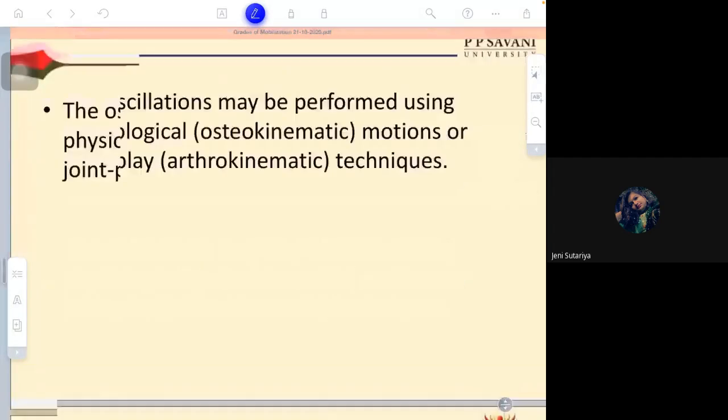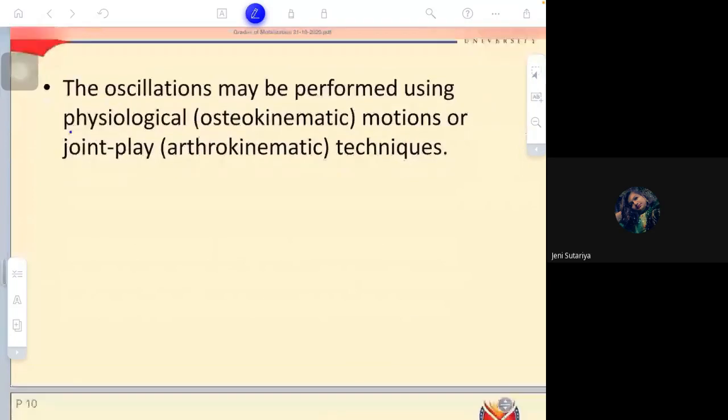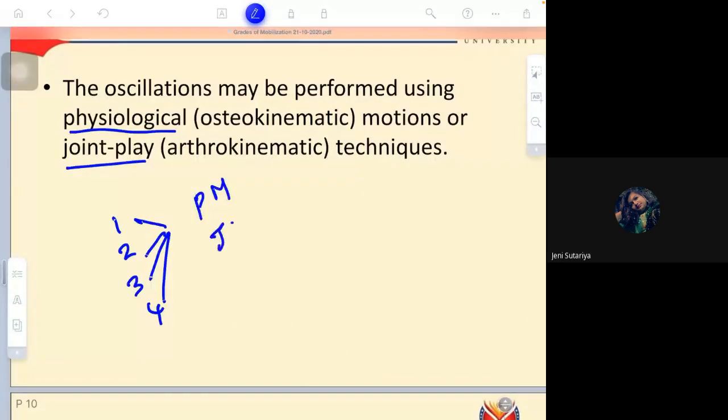It can be applied physiologically, by physiological motion, or it may be used as a joint play technique. Clear? Already we discussed all these four grades. Grades 1, 2, 3, 4 can be applied in two ways: one is physiological motion and the second is joint play technique.